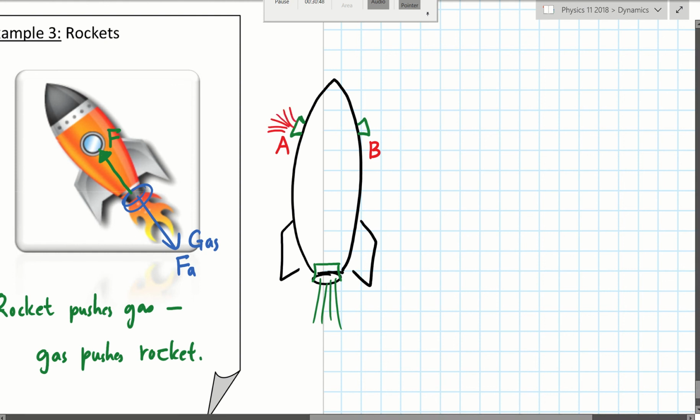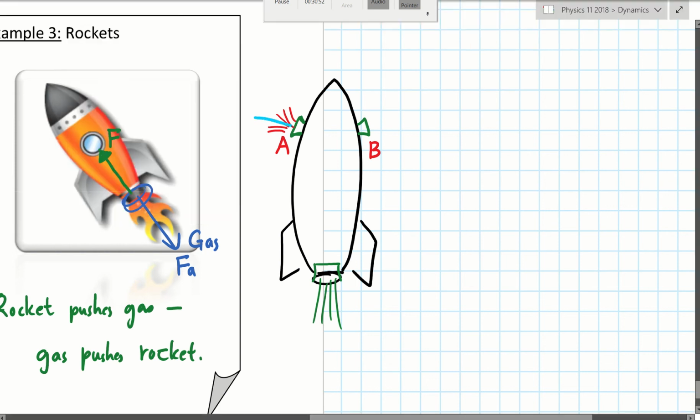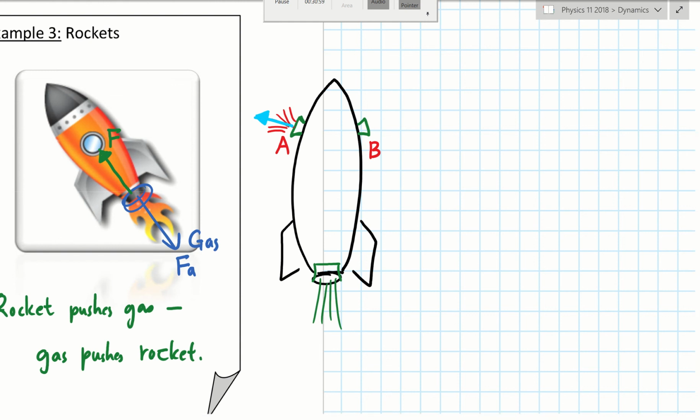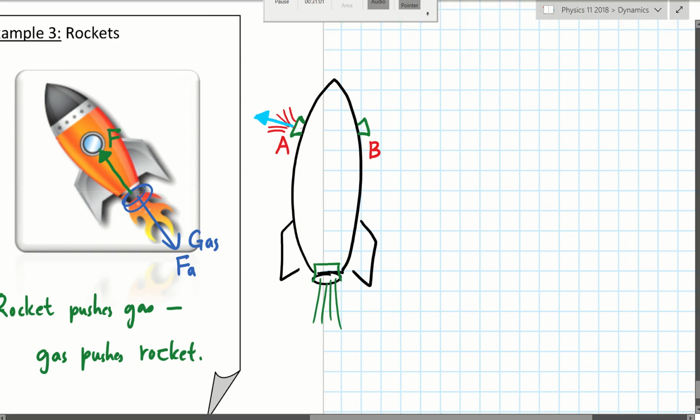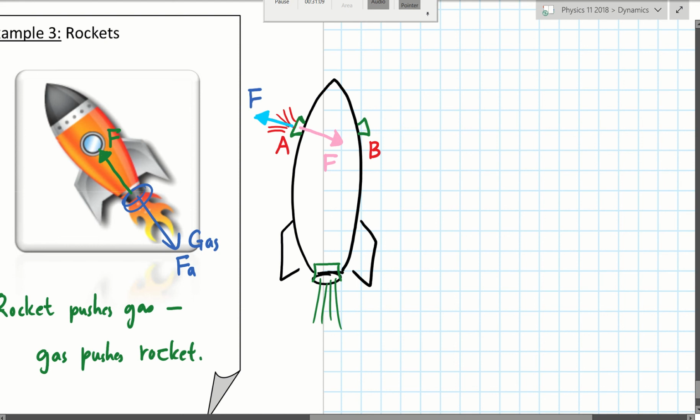When you do that, the rocket is going to push the gas out to the right hand side, but then that also means the gas is going to push the rocket to the left hand side, and then the rocket will turn.